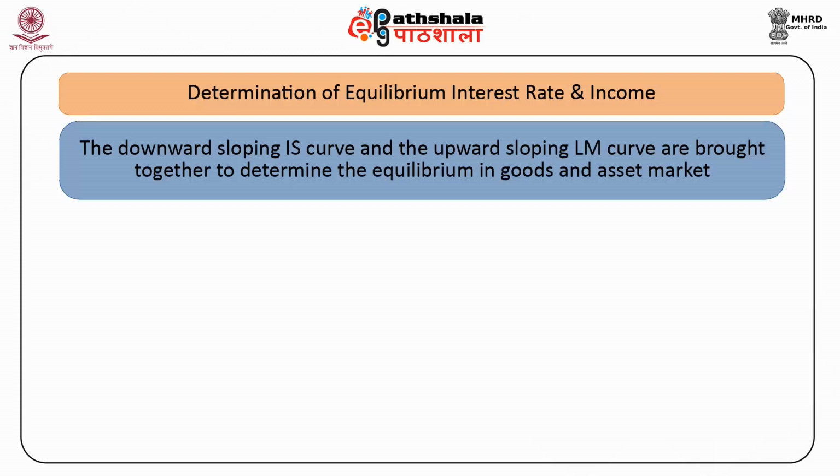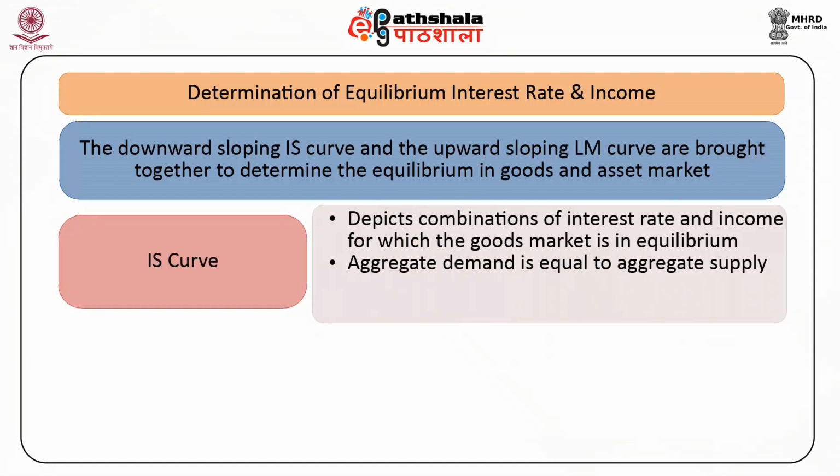You may recall that the IS curve depicts all interest rate and income combinations for which the goods market is in equilibrium, that is, where aggregate demand is equal to aggregate supply.